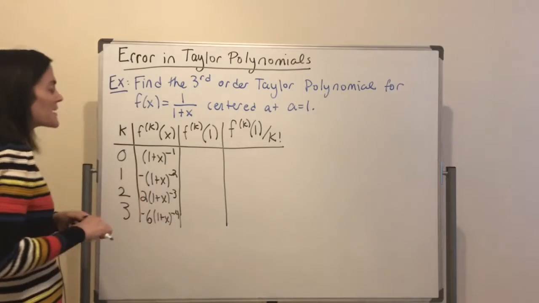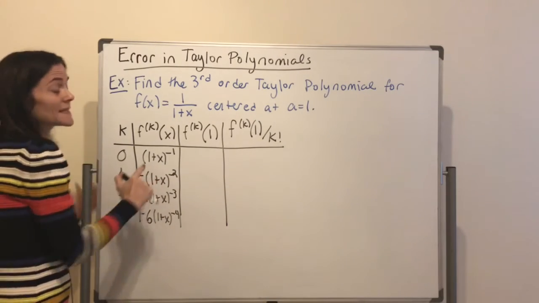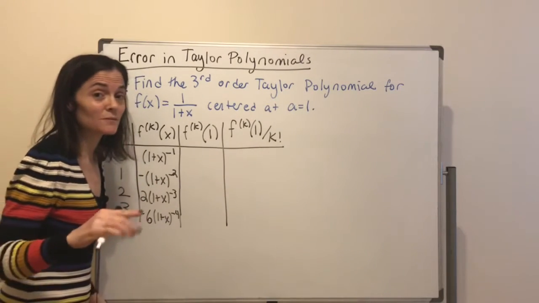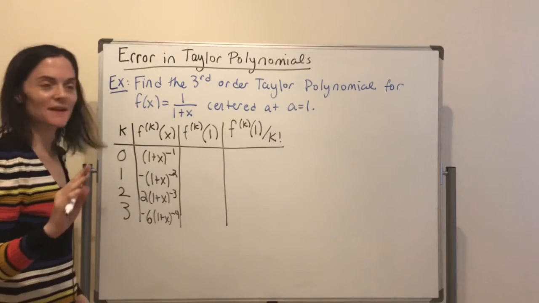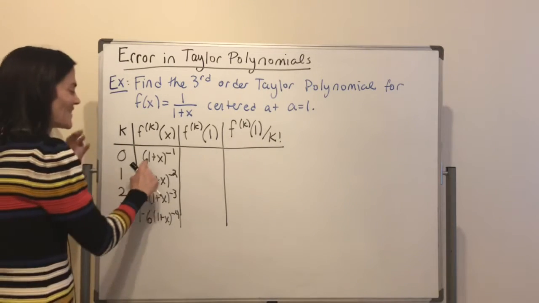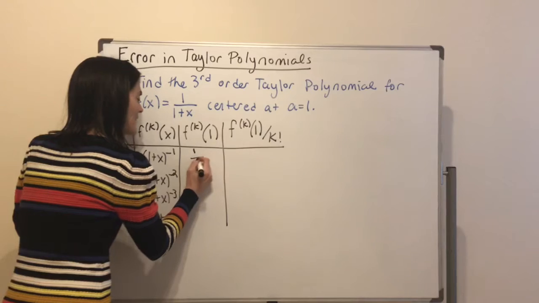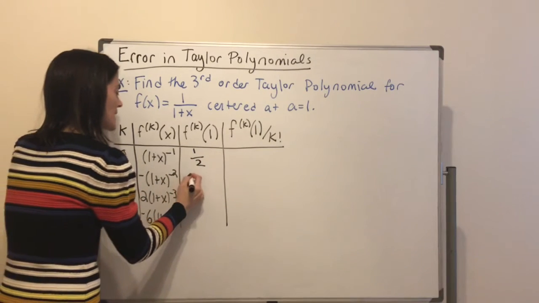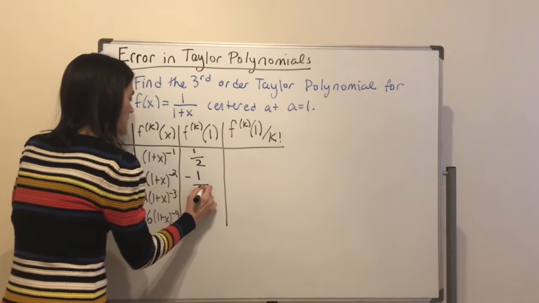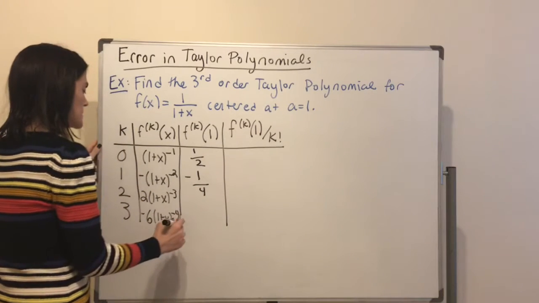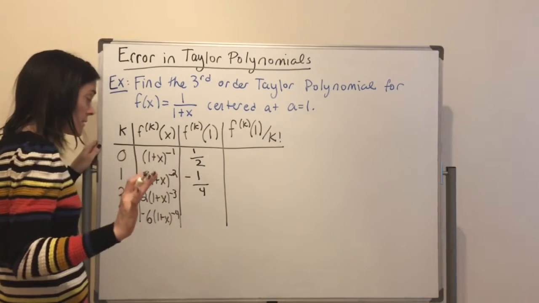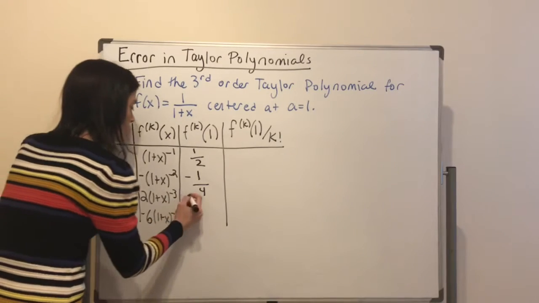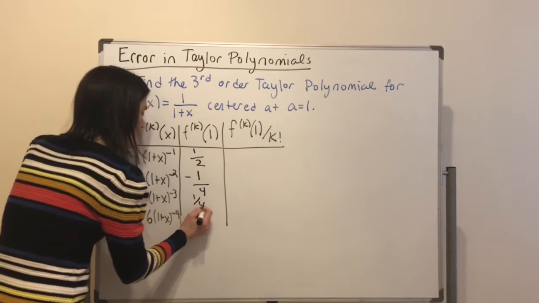Okay, now I evaluate at 1. Well, inside the parentheses will be 2 for all of these, 1 plus 1, 2. So here, this is a half. This one is negative 1 over 2 squared. This one is positive 2 over 2 cubed, which is 1/4.